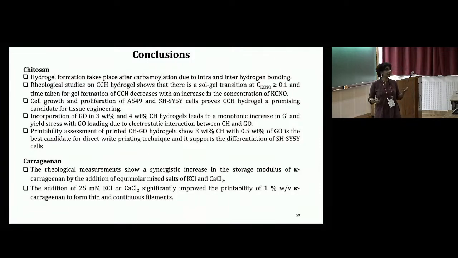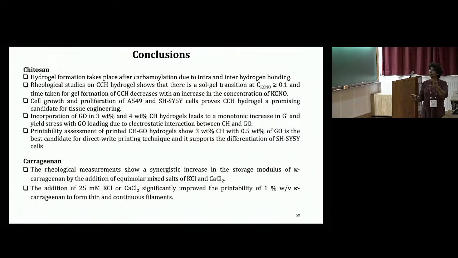The goal was to illustrate two polymer systems, the hydrogel formation and the role of rheological characterization. And of course, we wanted to somehow relate it to the printing fidelity. For the carrageenan, we experimented with addition of electrolytes.